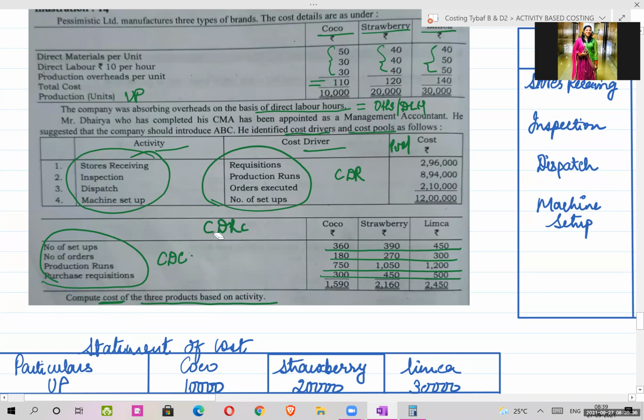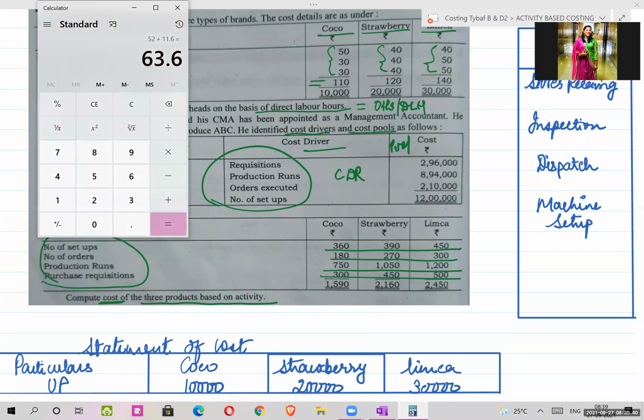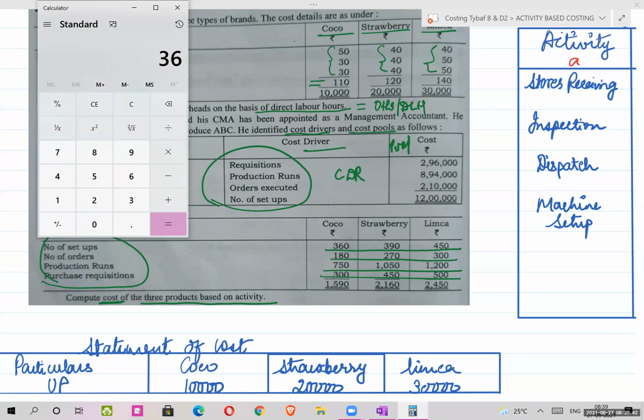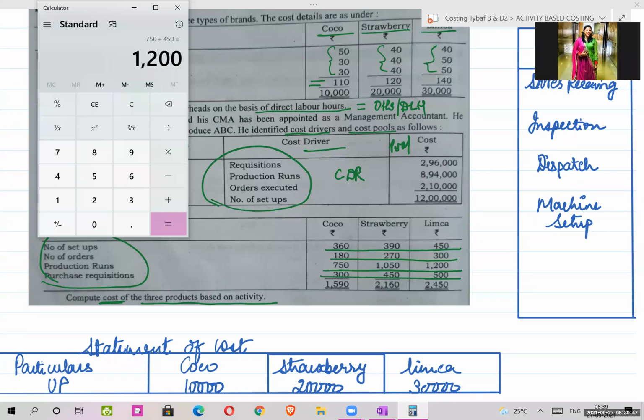So 360 plus 390 plus 450 is how much? 1,200. Let me see, 360 plus 390 plus 450. Okay, it's 1,200.